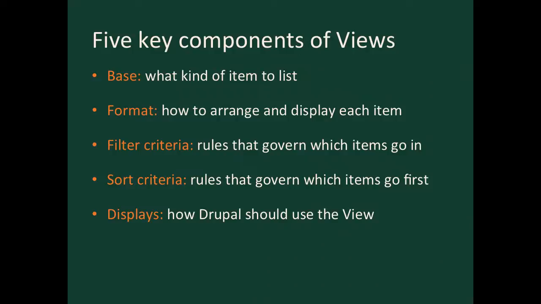And the fifth concept is called displays in views, which largely controls how in Drupal we want to use the view, where it shows up. Does it show up as a page that has a URL path? Does it show up in the block interface as something that can be put into a region? This is mostly what displays is concerned about.